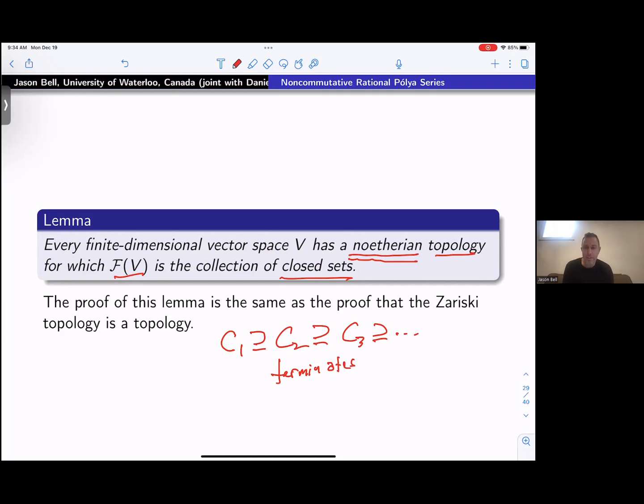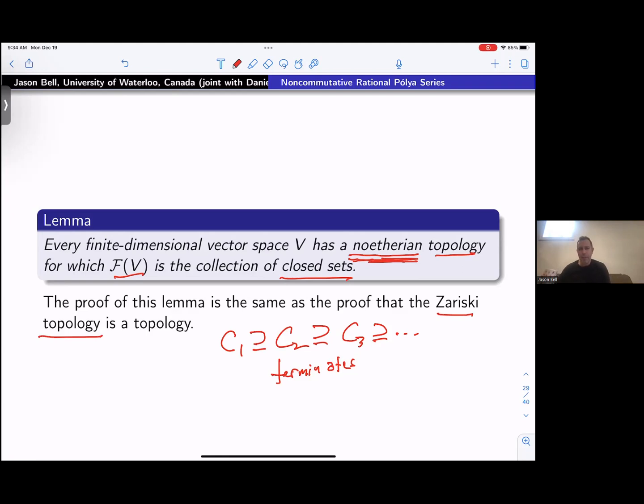This is an artifact of the fact that there's an equivalent category. There's a contravariant equivalence of categories when we work with some subcategory of commutative rings where everything is Noetherian. This is not a hard thing to prove, and it's exactly the same proof as that the Zariski topology is a topology, and that's where the Noetherian comes in, because we get this Noetherian ring.